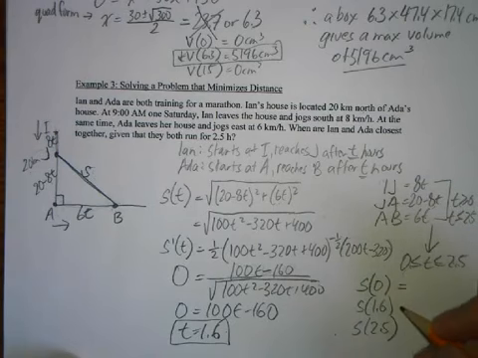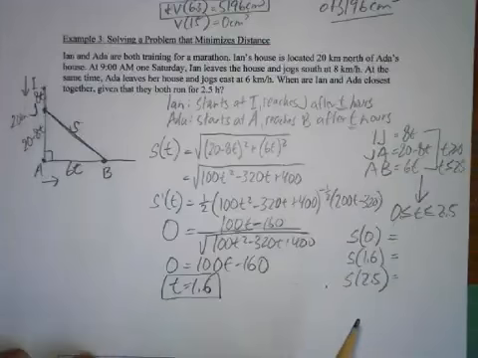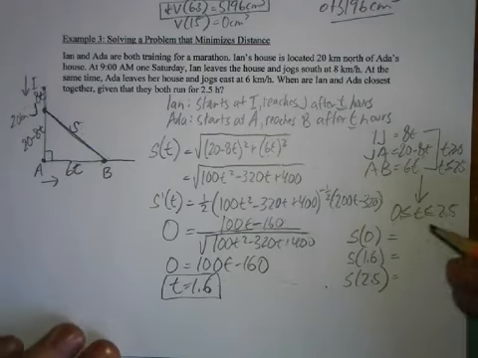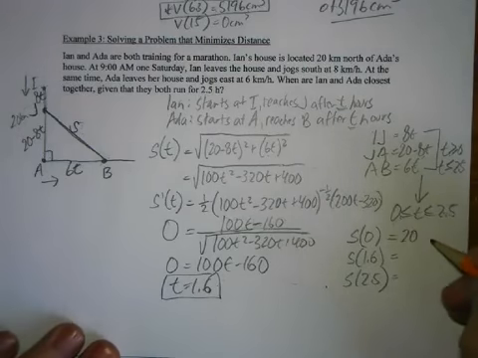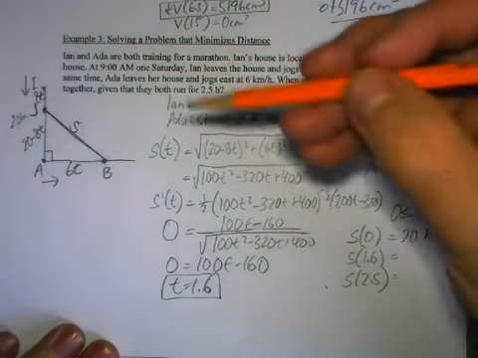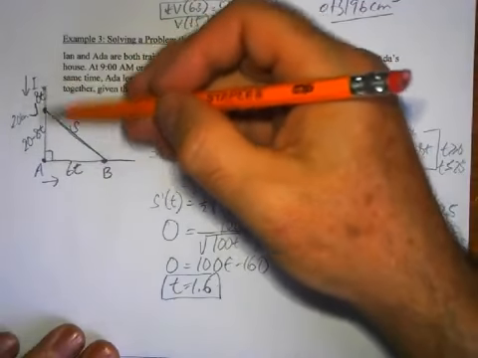And we plug these back into the original distance equation, S of t. This time it's not zeros, which is nice. This distance would be 20 kilometers. So if they don't run at all, and they're just at their houses, that would be 20 kilometers apart.